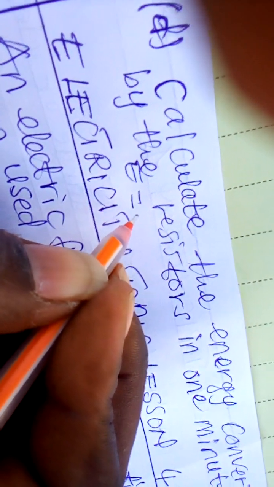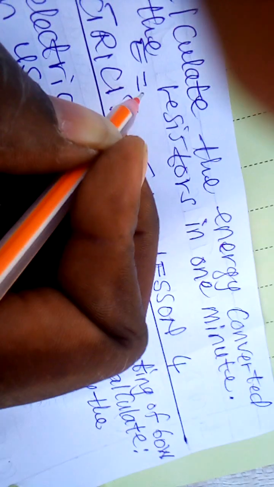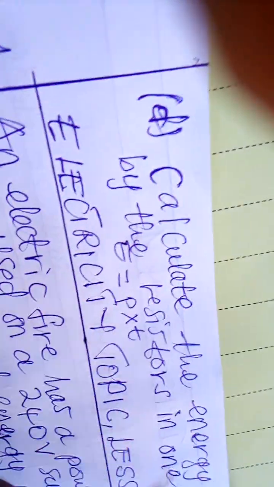So we are calculating energy here. The formula for energy is energy is equal to power times time. That's the energy.